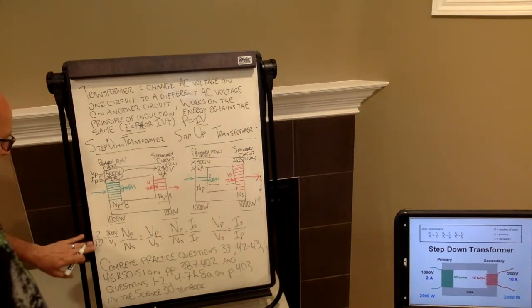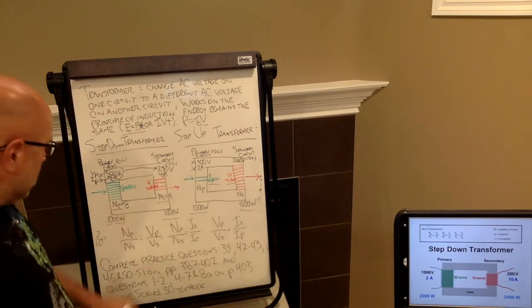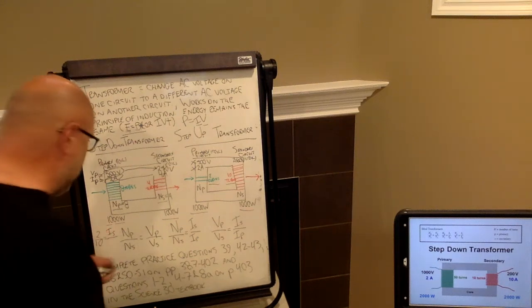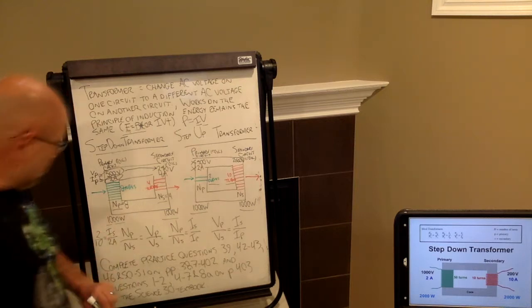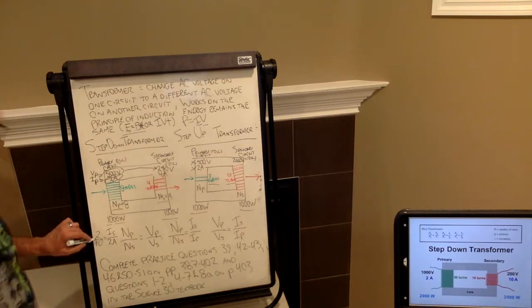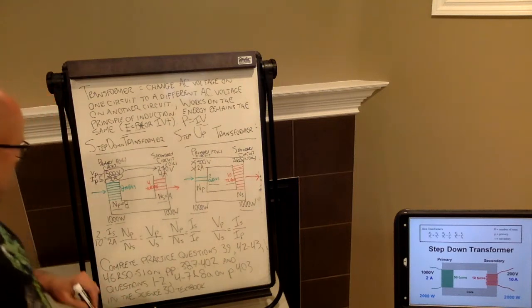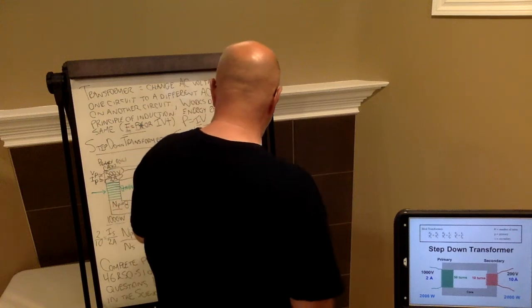All right. Now, what about my current? Well, my current's going to be secondary, which I don't know. So IS over IP, and I do know my IP number is 2 amps. So I've got 2 over 10 equals IS divided by 2 amps. So 2 times 2 is 4, divided by 10 is going to be 0.25.